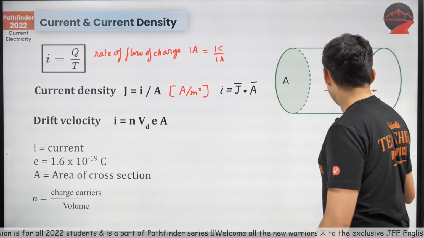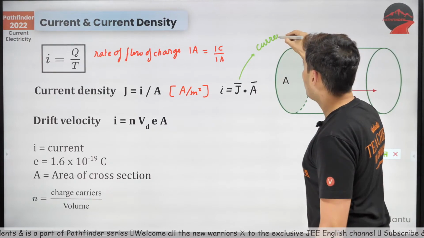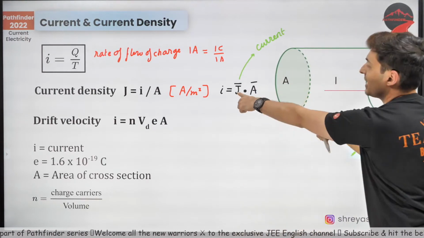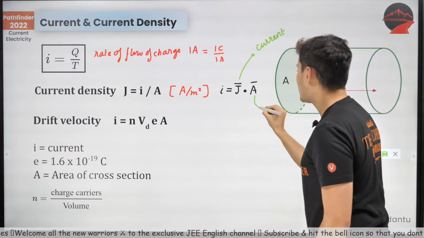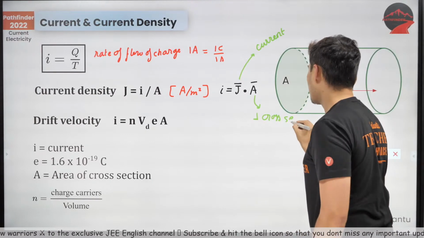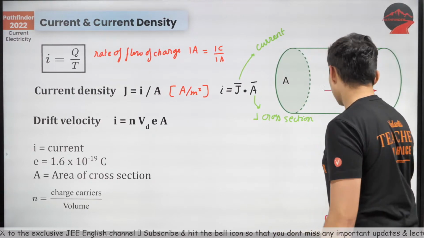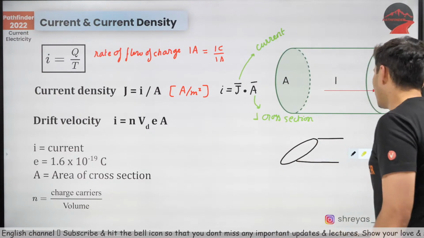See, J always has the direction of the current. Wherever the current is, that's where J is. A can be anywhere. A is always perpendicular to the cross section. I'll give an example. Imagine there is an area like this, and this is the conductor.